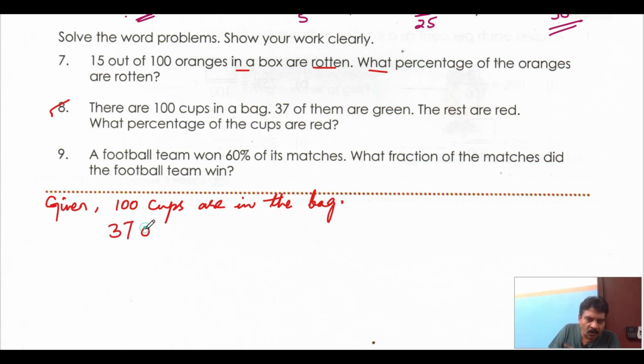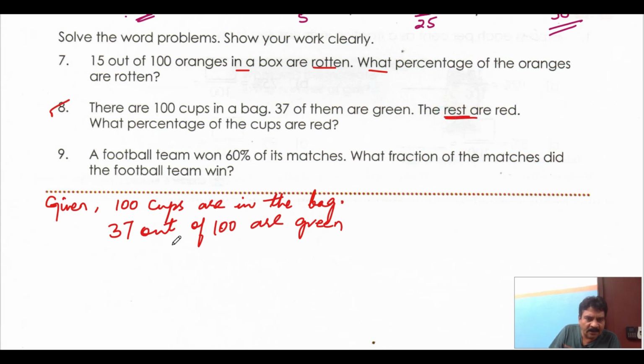37 out of 100 are green. So out of 100, 37 are green and the rest are red.